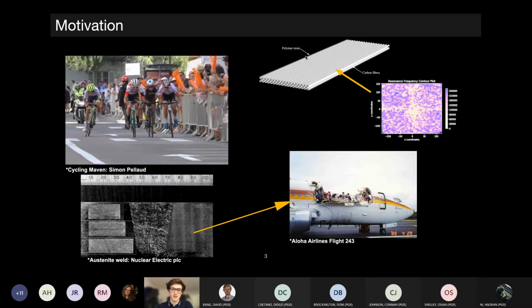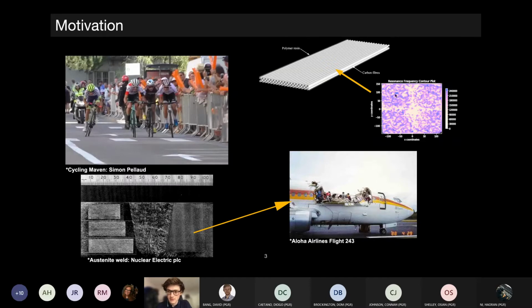In engineering, they use ultrasound to determine whether there's a crack or a flaw in the material, which is obviously important because you want to change that material out. Depending on the direction at which you send a wave into this material, there's a preferred directionality, and that's just due to the internal microstructure inside these materials.